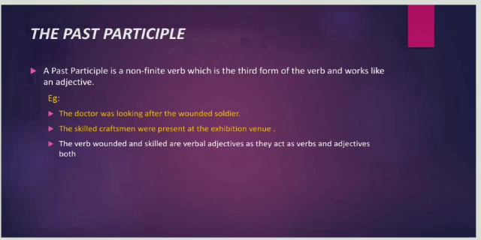In this sentence, in the words wounded soldier, wound is a verb, but we are using it as an adjective because it is used to show the quality of a soldier. And since this word is the third form of the verb, so this is a past participle. The word wounded is used as a past participle. Okay.